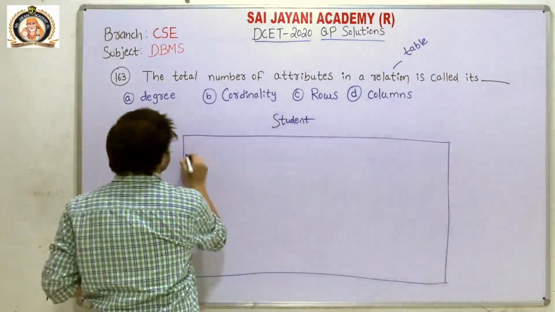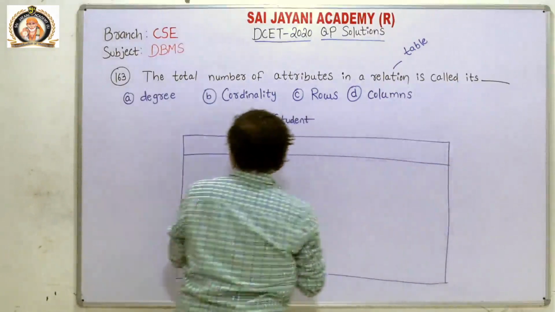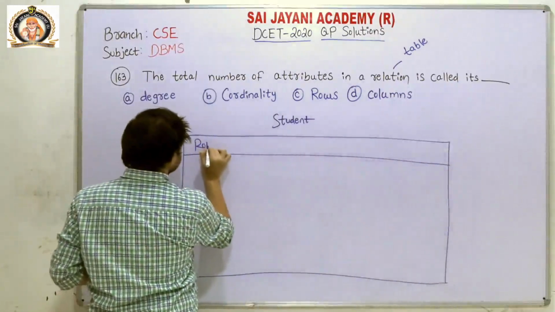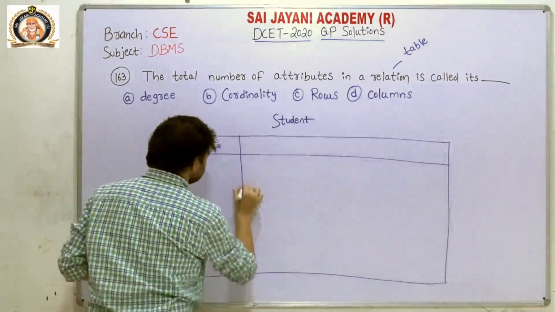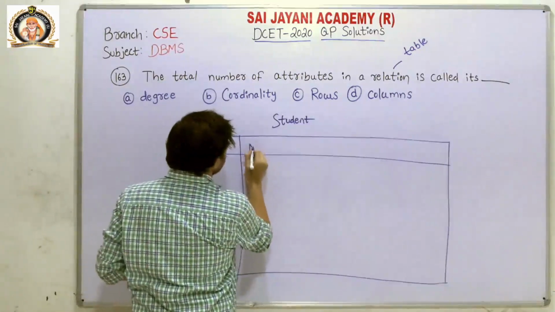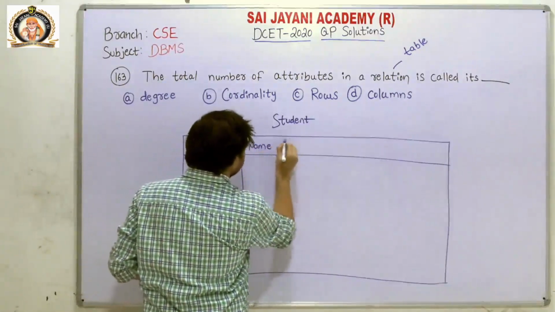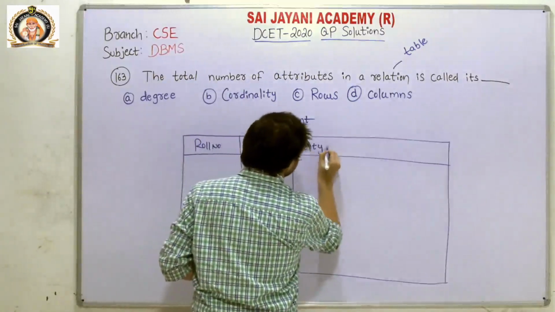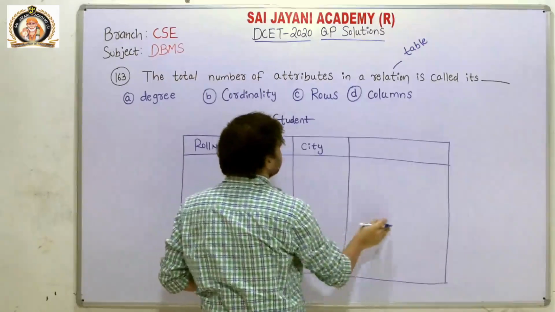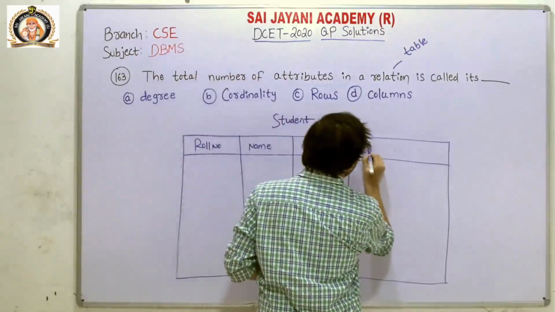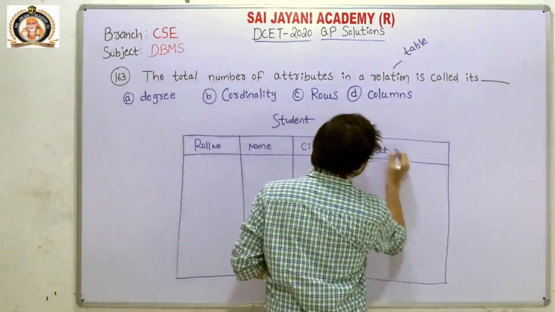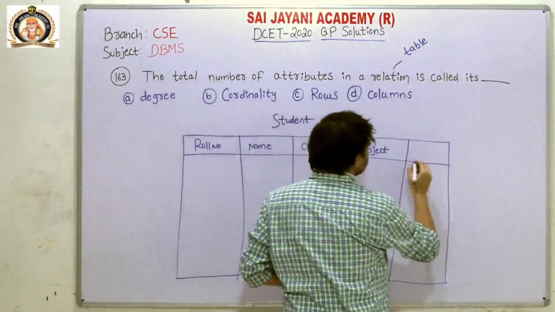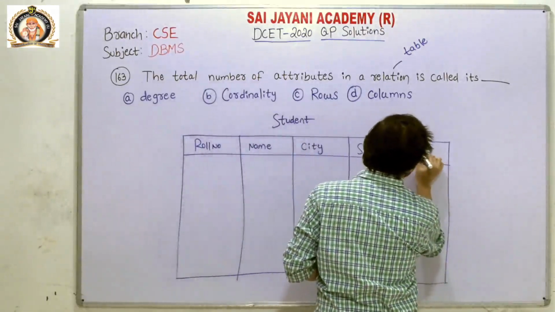Here the roll number, name, city, subject and marks.